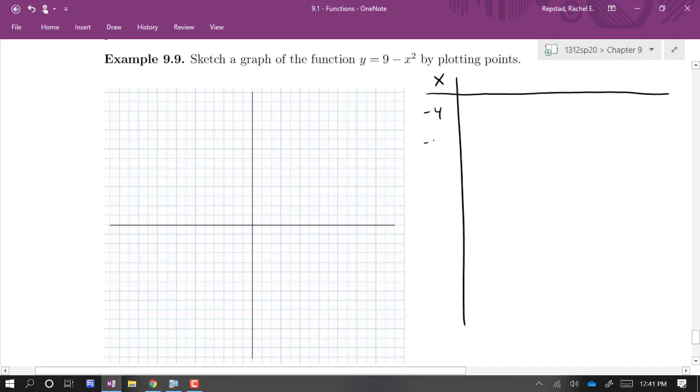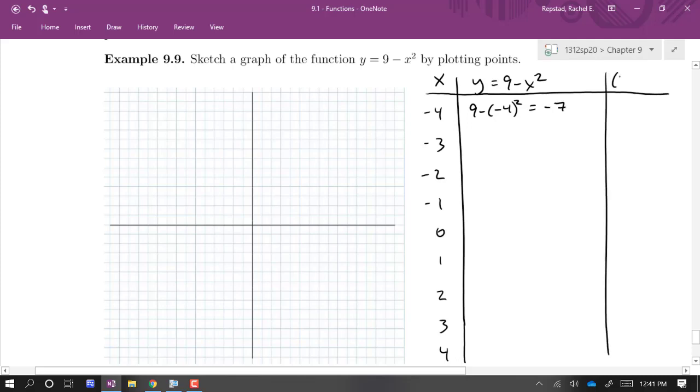So I'm going to just go from -4 to 4. And then I'm going to find the y value. So when x is -4, we get 9 minus (-4) squared. 9 minus 16 is -7.